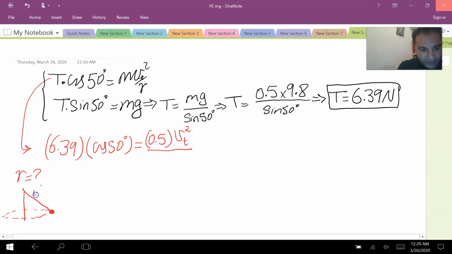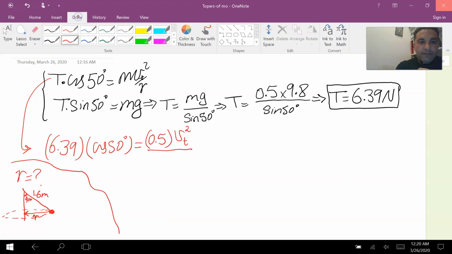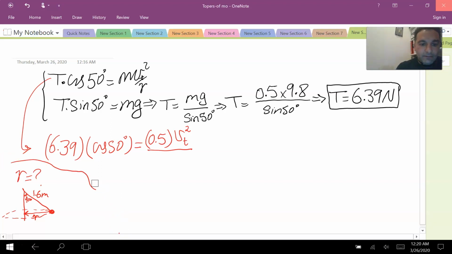This is 1.6 meter, and this angle, the question says, is 40 degrees. This is the radius. How can I find the radius? In this triangle, I can find the radius. How? Using trigonometry.